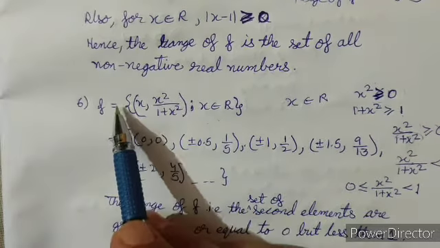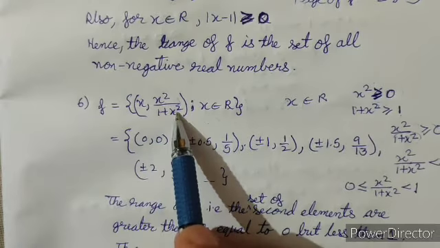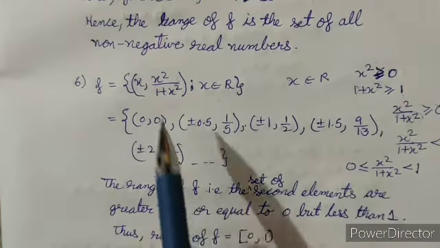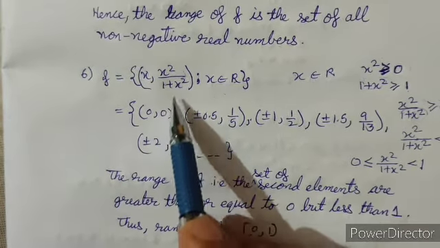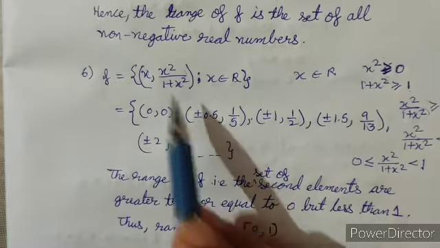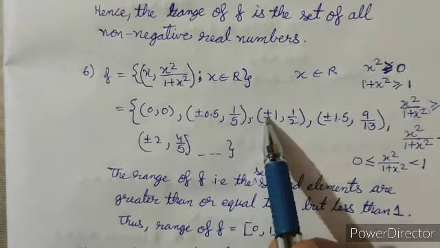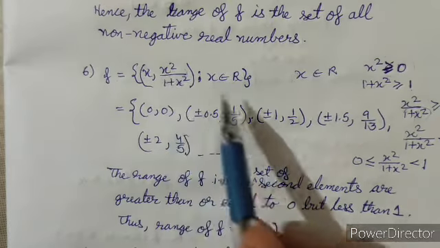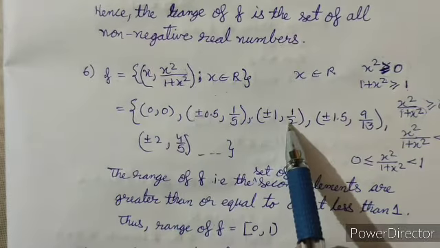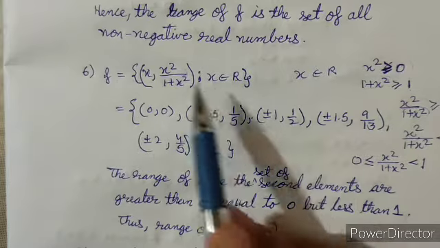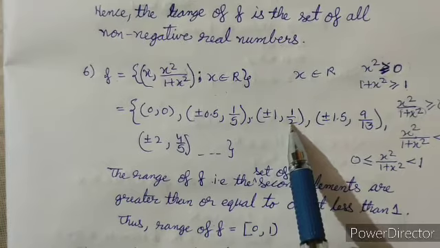Now the domain of f is given by x and the range will be x square upon 1 plus x square. Now for x equal to 0, x square upon 1 plus x square will be equal to 0. For x equal to plus minus 0.5, it will be 1 by 5. Sorry, for x equal to plus minus 1, it will be equal to 1 by 2.